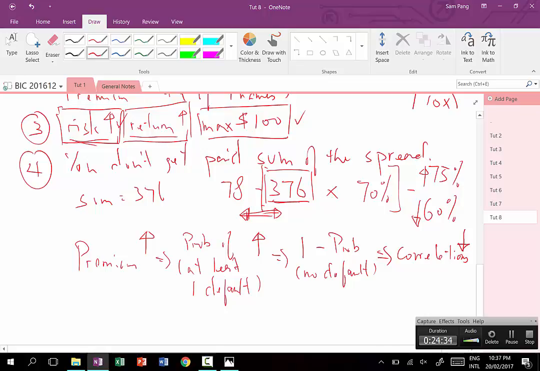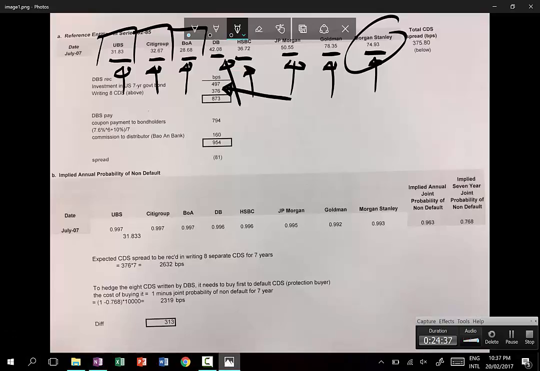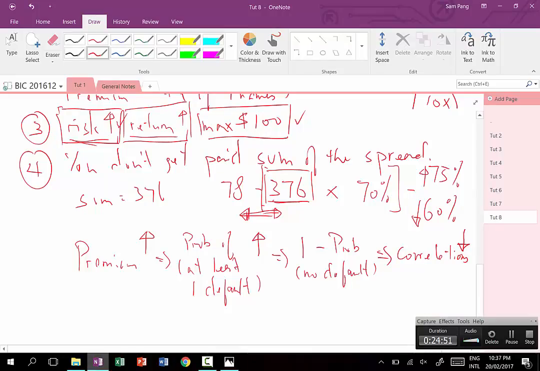Now in this case, if you look carefully, these companies are in fact very, very highly correlated. They're all banks, they're all boring old financial institutions. So I would argue that in a case like that, because correlation is so high, all the arrows go the other way.